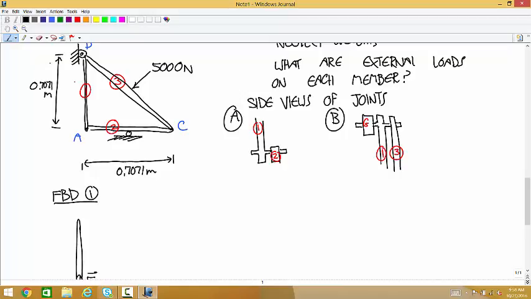Okay, so when we isolate member 1, what things are touching member 1? The ground? Well, I mean just at this joint B. So just the ground and member 3, right? They're each touching the pin, which is part of member 1. But what happens when we isolate 3?